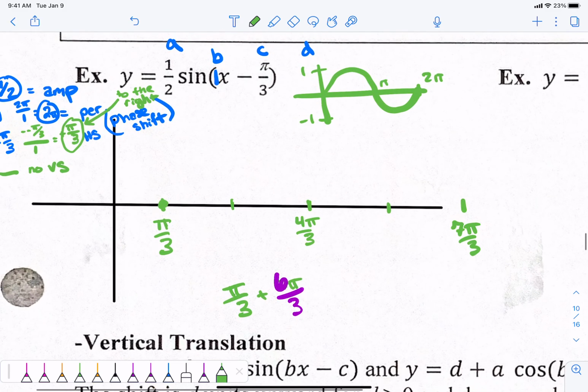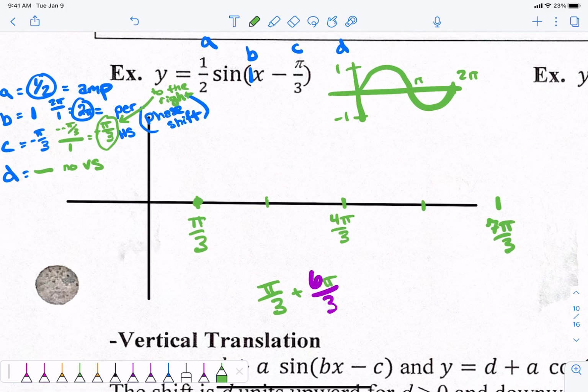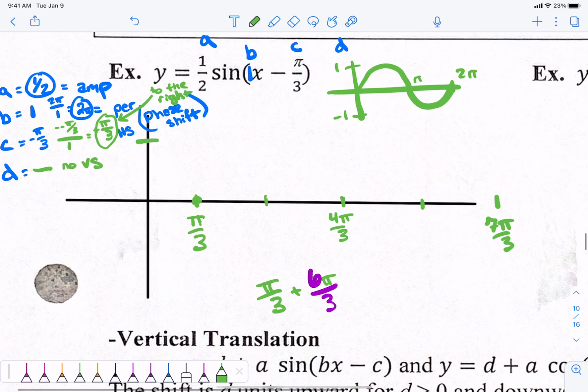Normally he starts down, goes up to 1, down to -1, and back up to 1. The only other thing I have to deal with is that the amplitude is now 1/2. So I'm going to mark off 1, and I'm going to mark off -1. That's not centered here.